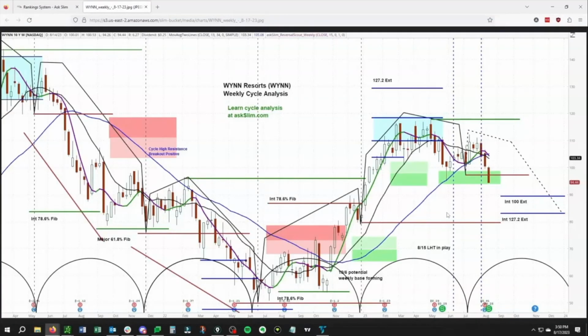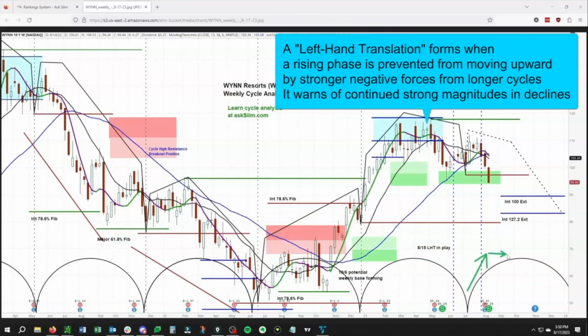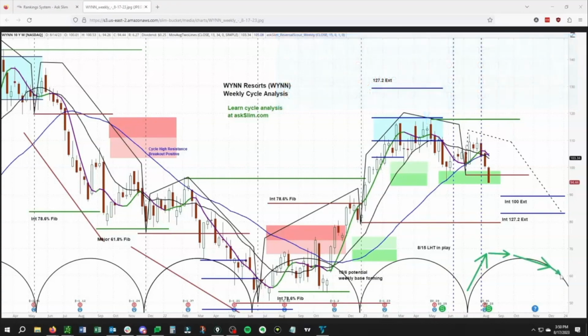I'm going to click on that, and you'll see it opens up the weekly cycle analysis here for WYNN. This is now in what we would call a left-hand translation, where we have formed the high in all likelihood in the early part of this idealized cycle, and that indicates the highest odds would be that we would sell off for the rest of that cycle. And as you can see, this is a longer cycle that goes out into 2024.